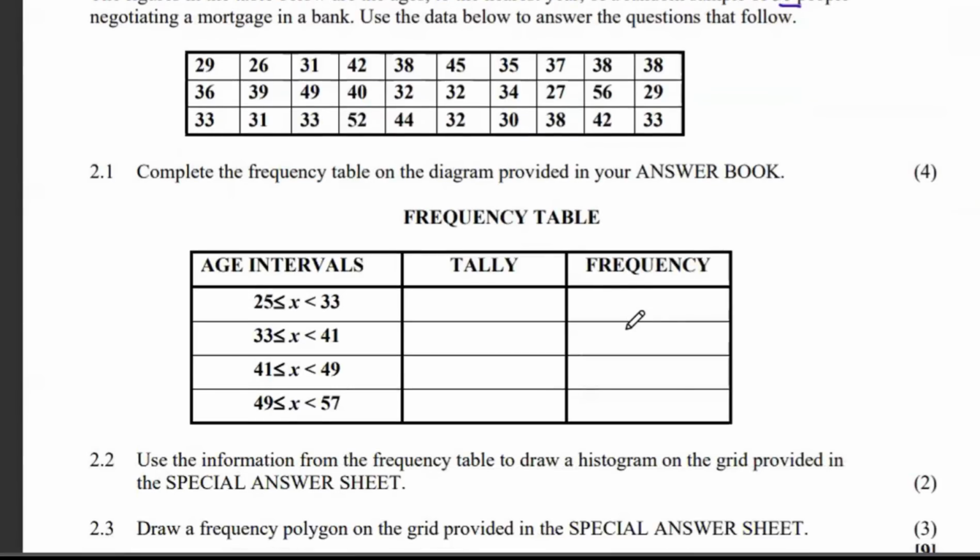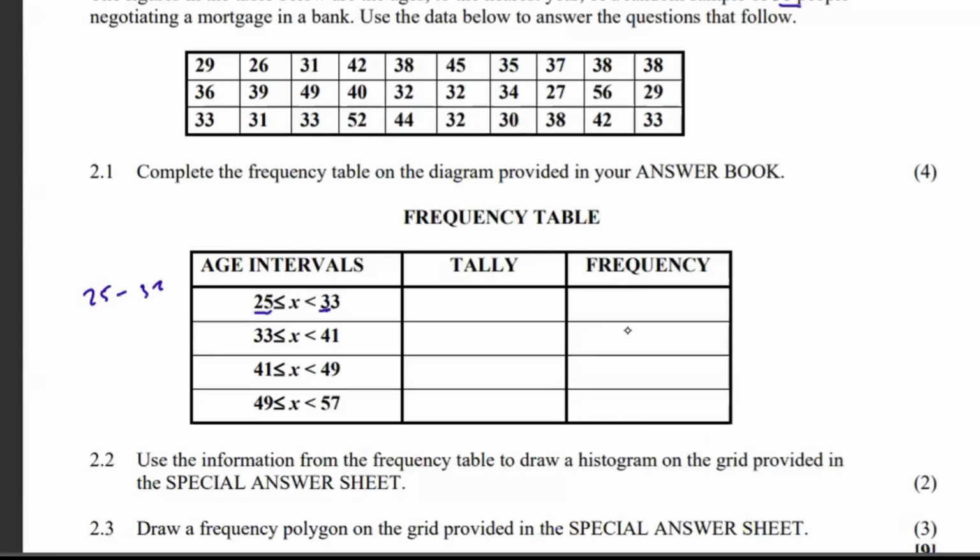So what we're going to do is quickly tally it up. For intervals between 25 and 33, which means we're looking at 25 up to 32, that should be our point of interest.